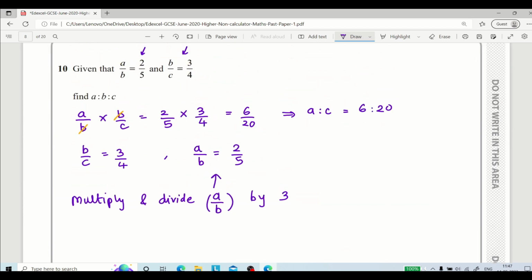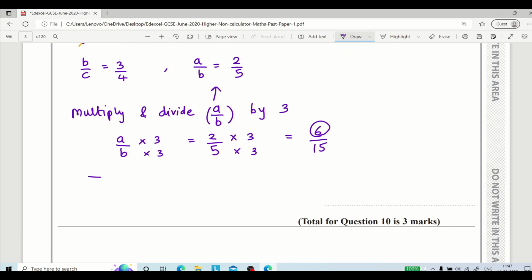Why is it 3? I'll tell you the reason too. You'll understand this. So A by B into 3 into 3. That will give you, what is A by B actually? 2 over 5. Yes. And this gives us 6 over 15. Are you able to understand this part? Yeah. We had to match this up. That being the reason we multiplied it by 3.